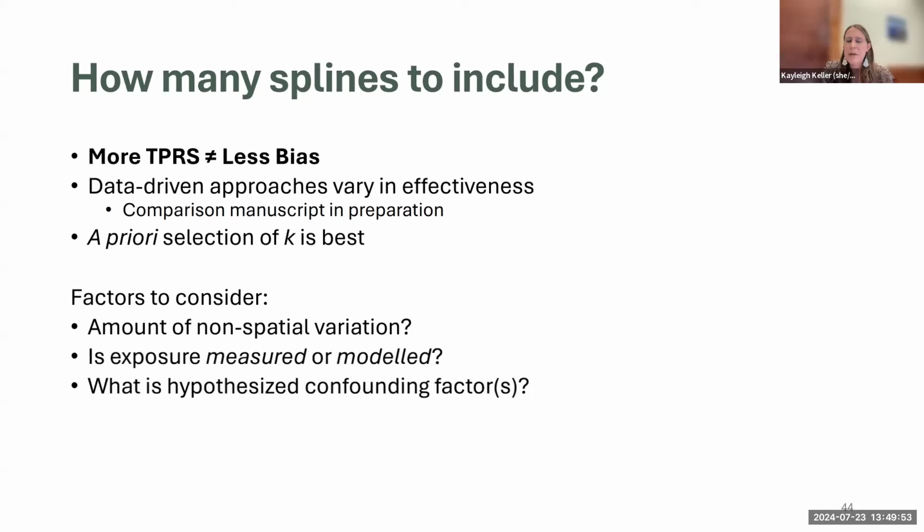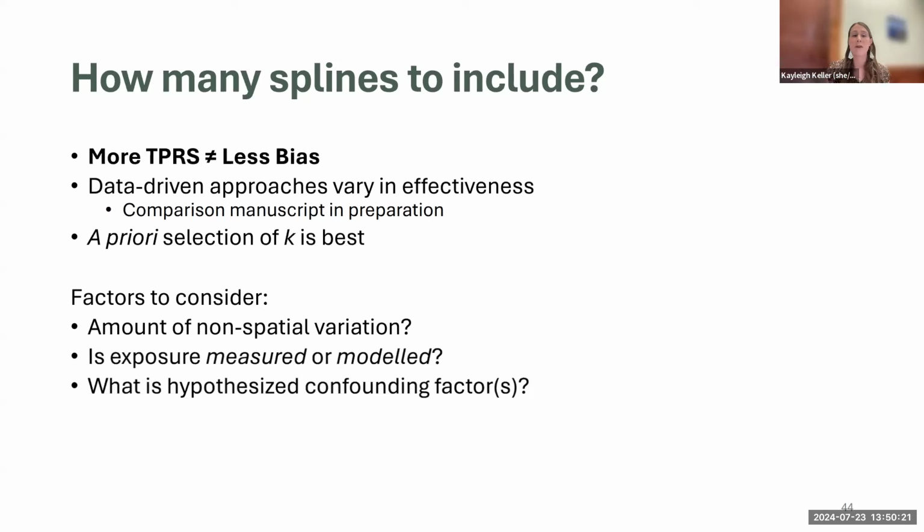And then also, what would make up the process of deciding the number of splines to use a priori? So it's related to these questions that we would ask: what are we worried about? So what's the hypothesized confounding factor? What do we think is the spatial scale of variation in our exposure? So again, if it was like a Kriging output, you might actually have that in terms of a parameter, like a spatial range parameter from the covariance function, or you might be able to look at your data set and estimate what that range is.